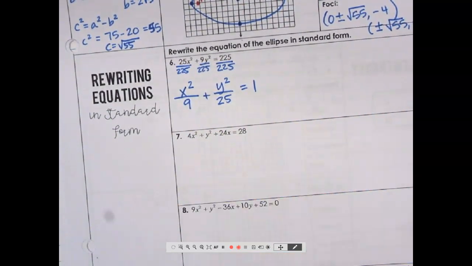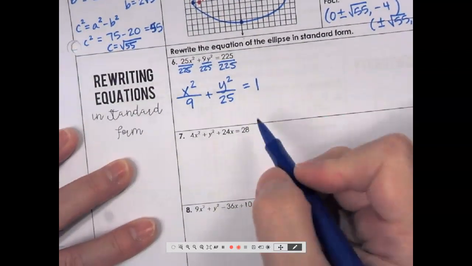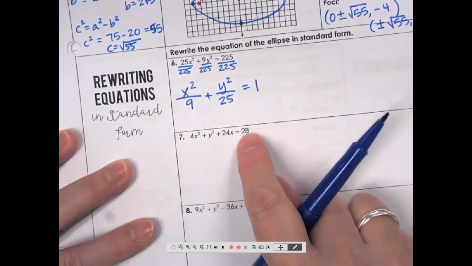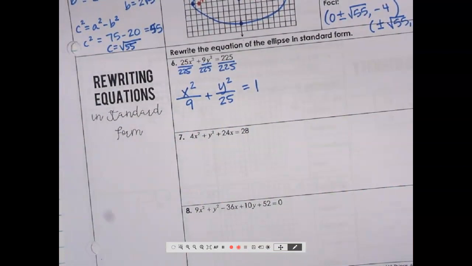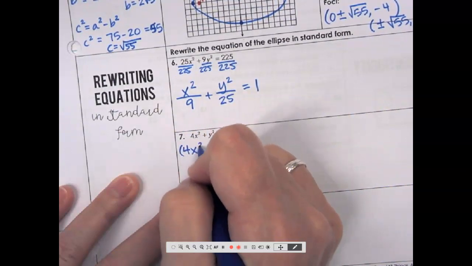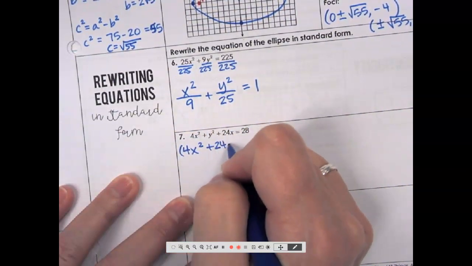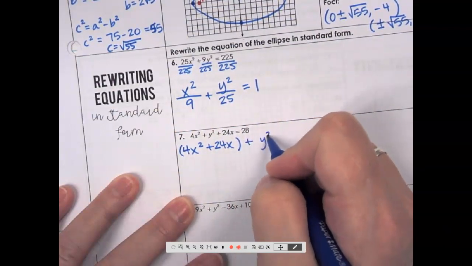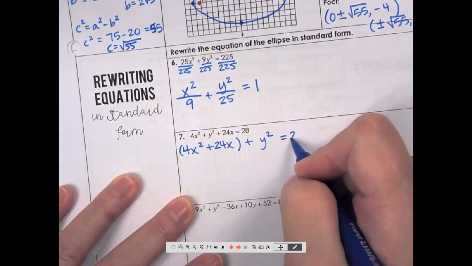That's right, Kaylee. Good job. All right, so I'm going to leave anything with a variable on the left. I'm going to leave any number on the right. So it's set up perfectly. I'm going to group the x's, group the y's, which I only have a y squared.